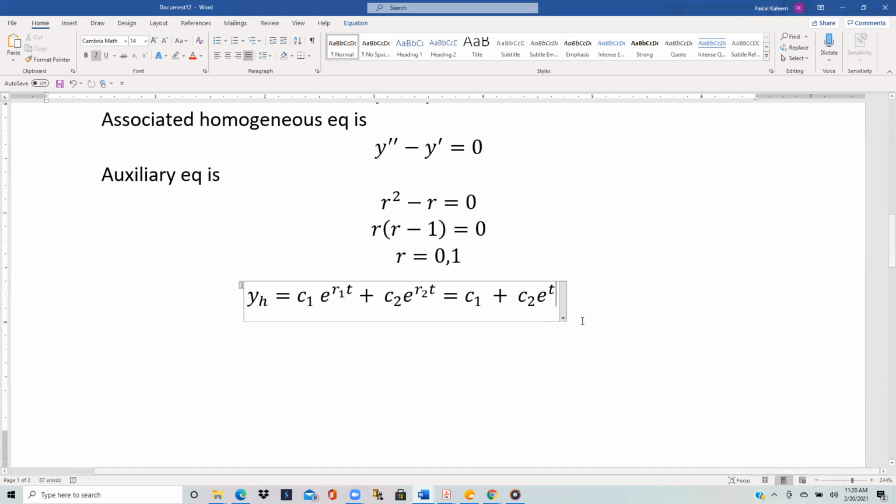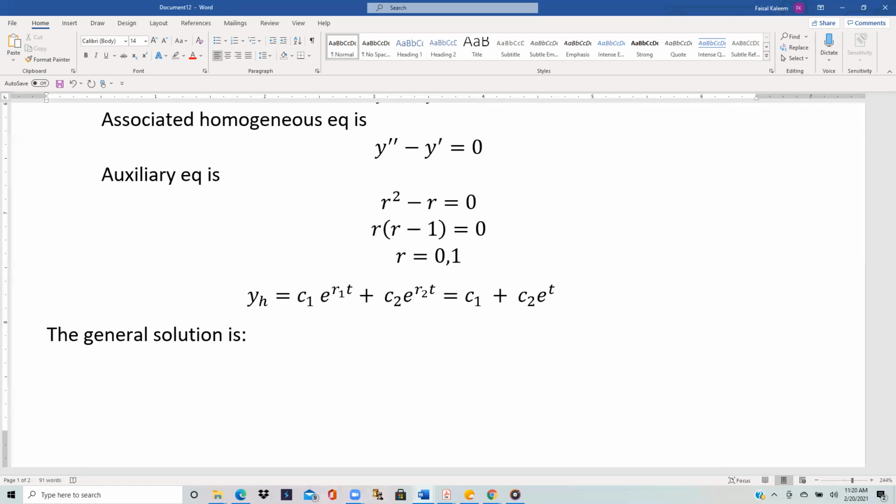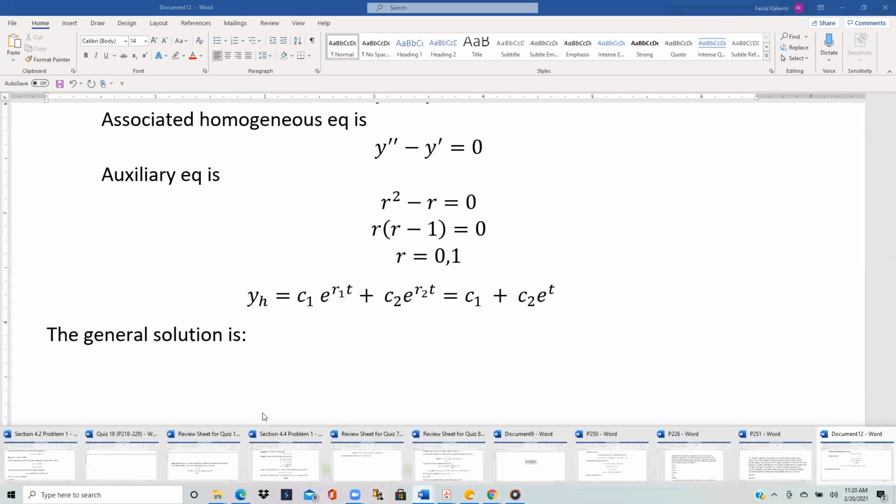And now the total solution, or the general solution, is y is equal to yh plus yp. Let's write that down.